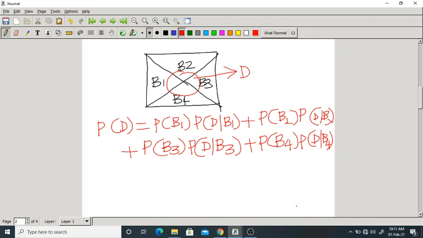So which theorem are we using here? The total probability theorem.